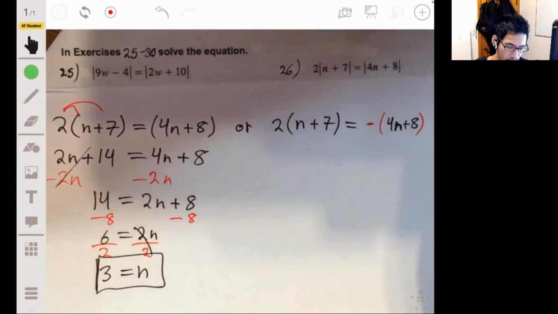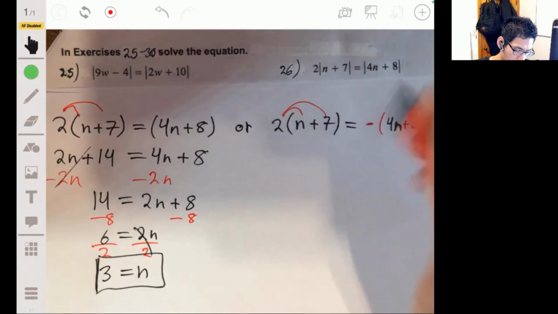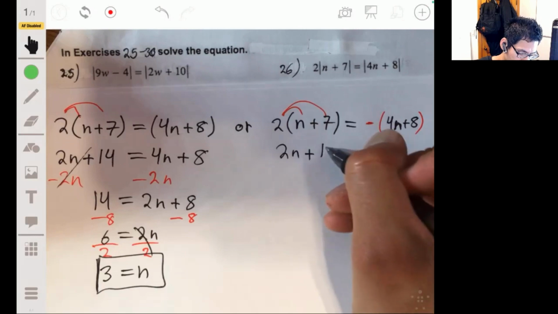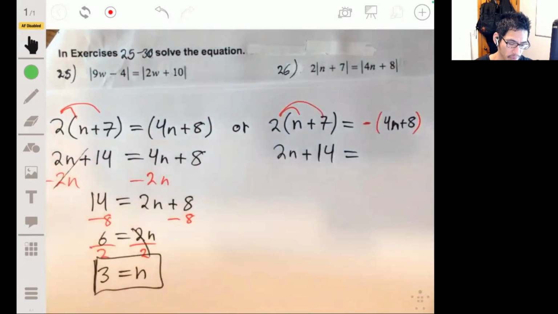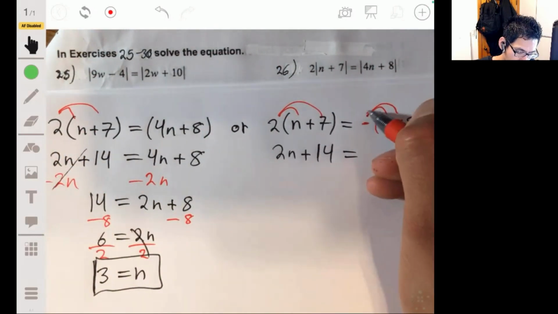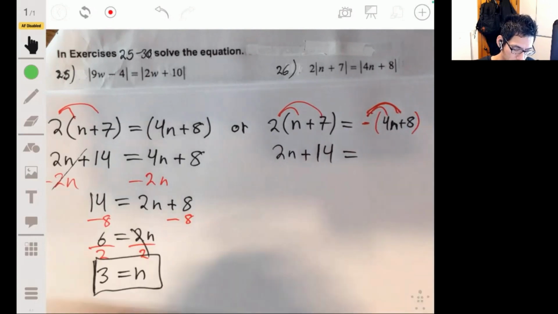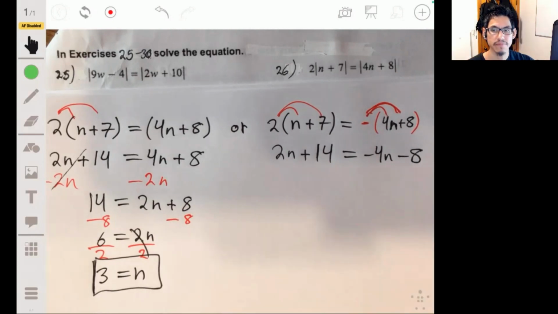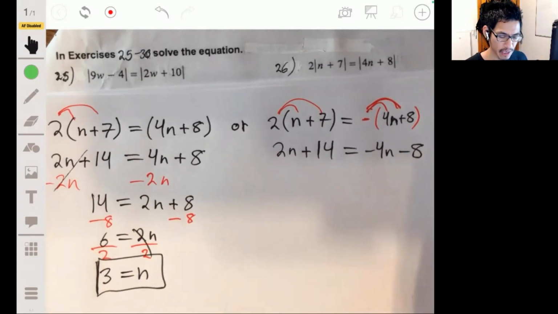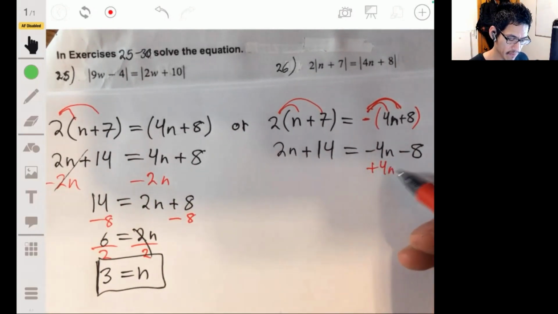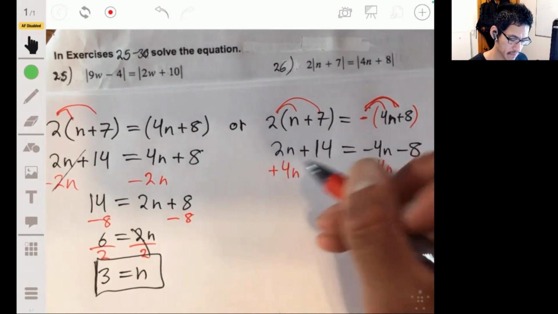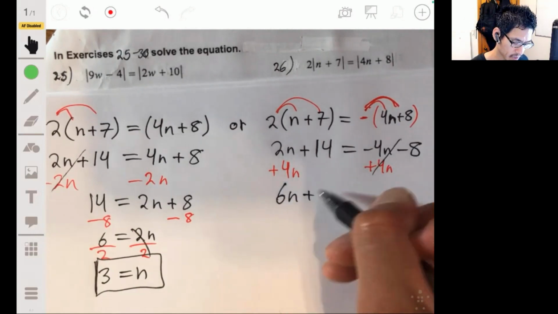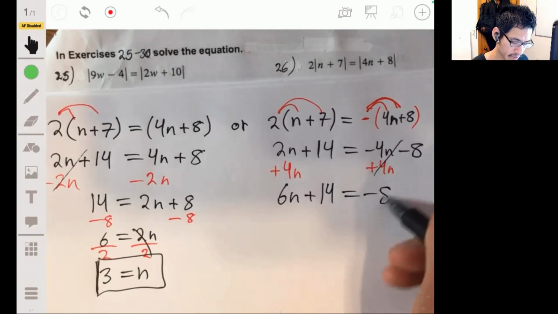Or this one now. Distribute the 2 over there. You're going to get the same 2n plus 14. But on the right side, distribute the -1. Both the 4n and the 8. -4n minus 8. Now let's add 4n to both sides. 6n plus 14 equals -8.